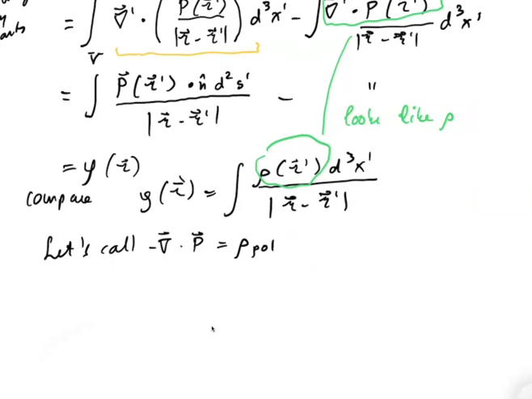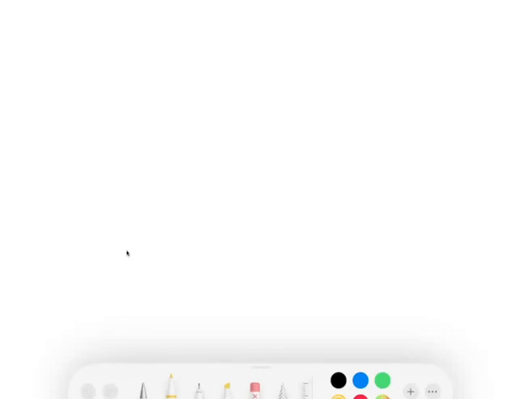And then that same P shows up there, but the P is dotted with a normal, that we're going to call sigma polarization. So it's also using that same P, but it's now dotted with the normal.